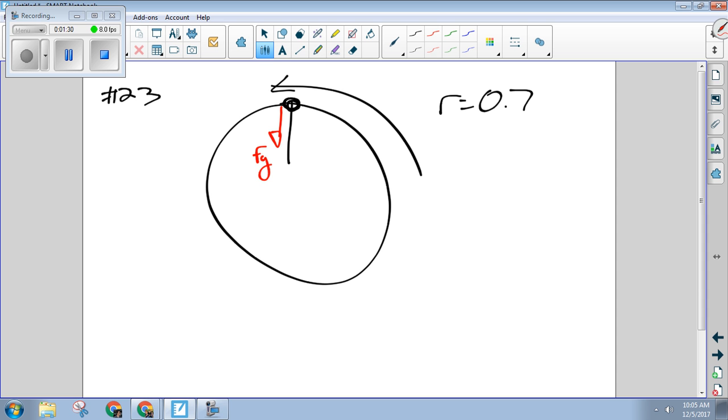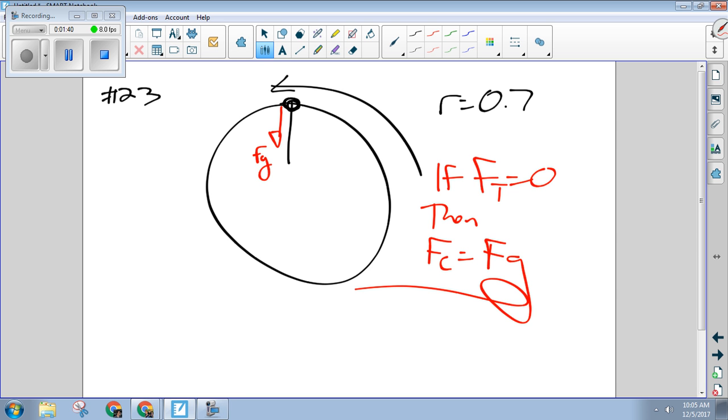In other words, if our tension is 0, then our centripetal force must be provided by gravity. Let me pause there for a minute. That's a big, important idea. Does that make sense? Yes.